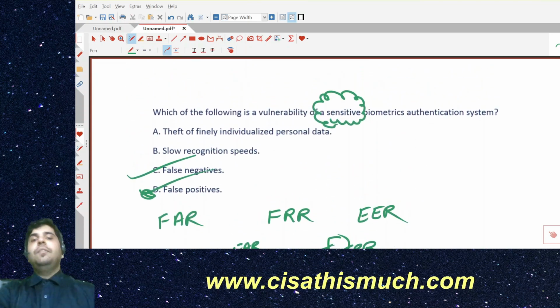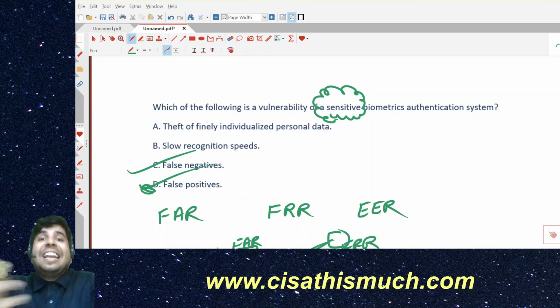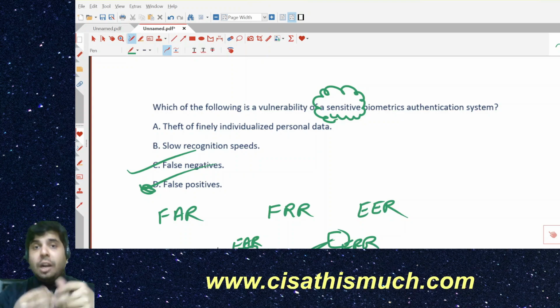When we say false rejection, it means false negative. So in the case of a sensitive biometric authentication system, the answer is not false positive but false negative. This is the vulnerability, an internal weakness.